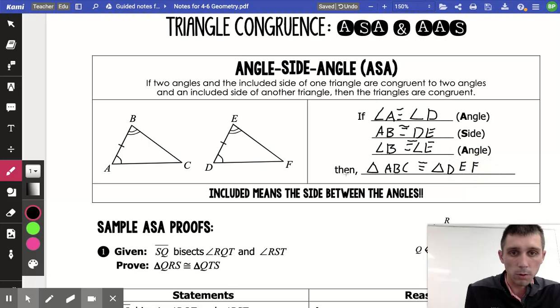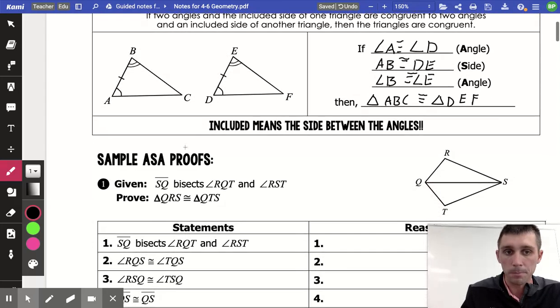All right, so notice it all has to be on the one same line. Angle, side, angle. Angle, side, angle on the same one right here.